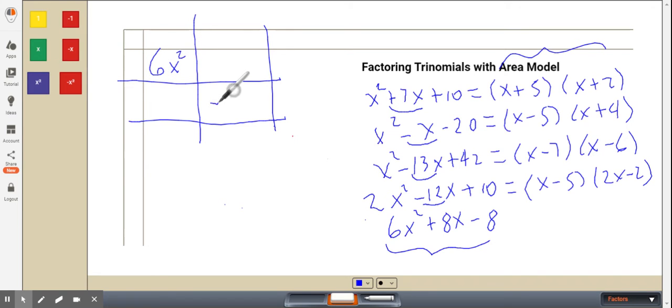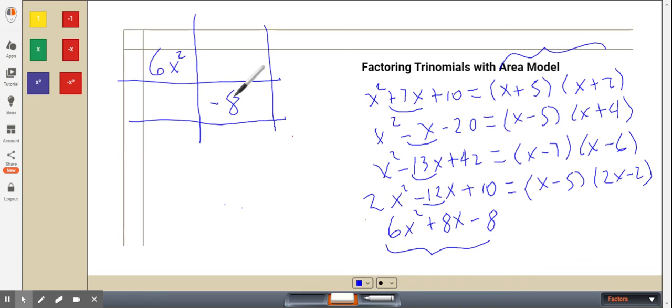Place the negative 6x squared and the negative 8 where we know they go. And again, I have different possibilities for factoring the 6. I could factor 6 and 1.